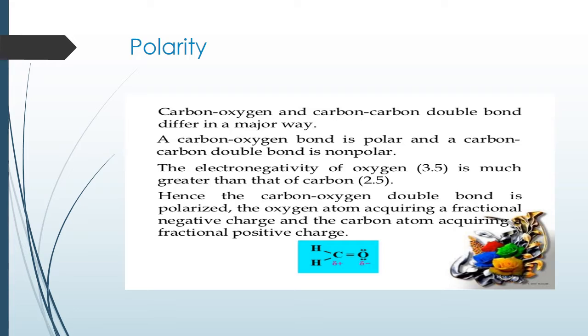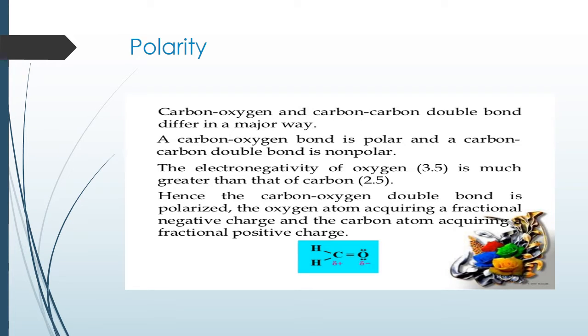So we can say aldehydes and ketones are carbonyl compounds. If you look at this, the carbon is bonded with the oxygen with a double bond, one sigma bond and one pi bond. That is very important.